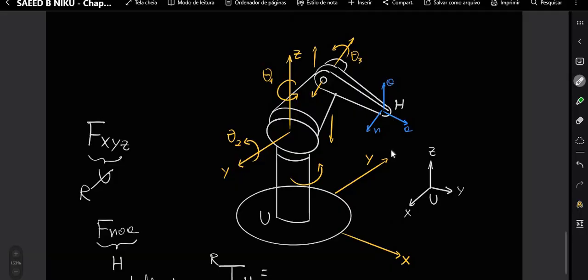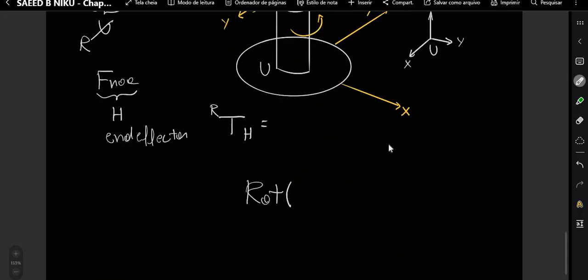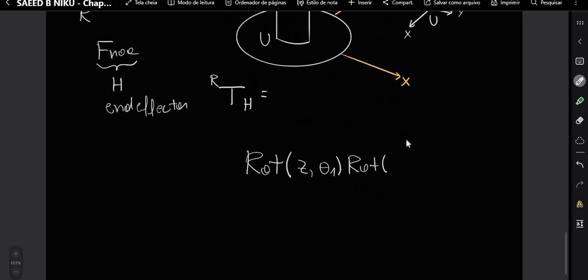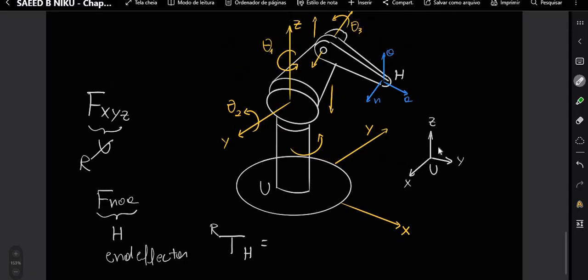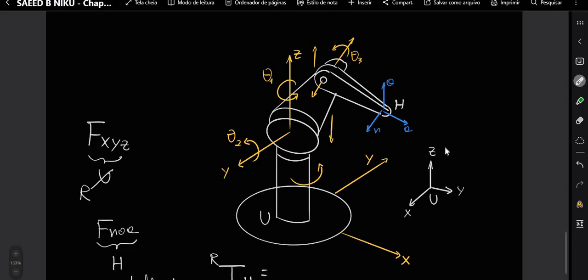Let's say right here is Z with theta 1, and one rotation now on Y with some theta 2, and this rotation of X. Right here is nice because it's not pointing in the same direction as the x-axis.